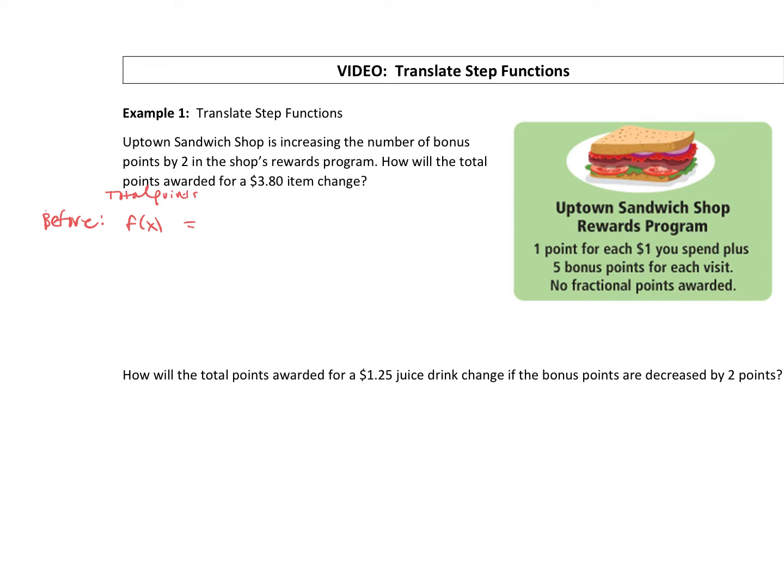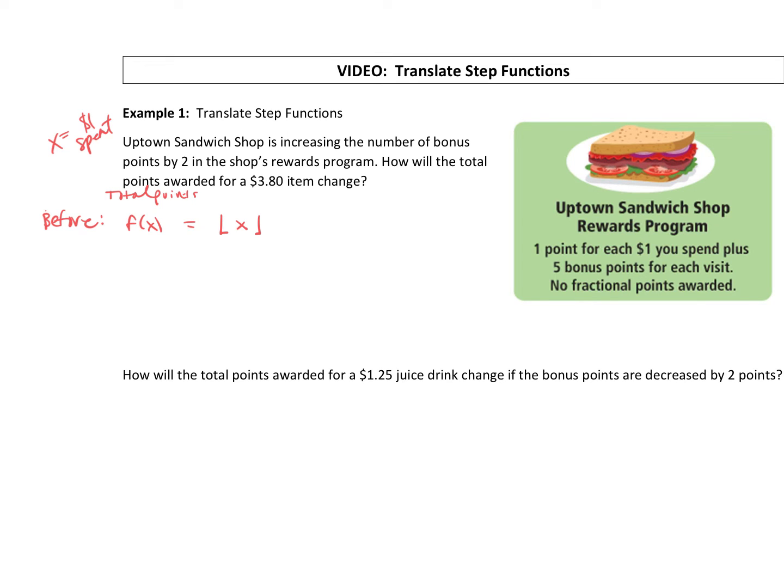That's going to be equal to, now we're going to let x represent dollars spent, okay? So we're going to take the dollar amount and we want to round it down. So whatever our dollar amount is, we're going to round down, so that's our floor function. So we're going to apply the floor function to our dollar amount. So if we spend $5.10 for x, it's going to round it down.